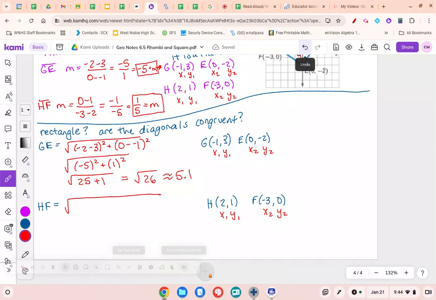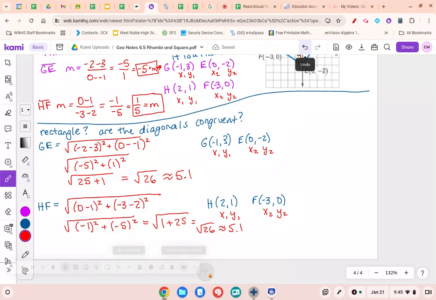I already have the points written down over there. So we have y2 minus y1 squared plus x2 minus x1 squared. We have -1 squared plus -5 squared. So we have 1 plus 25, or square root 26, which once again is about 5.1.